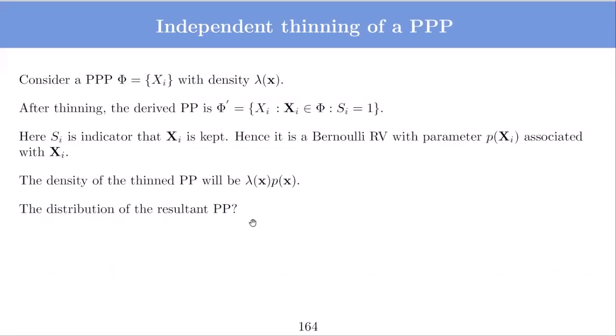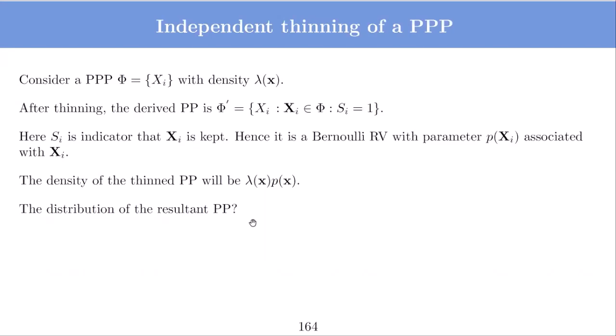Now we will discuss an important result. We will take a Poisson point process, and we will do an independent thinning over this process, and we will calculate the distribution of the resultant point process.